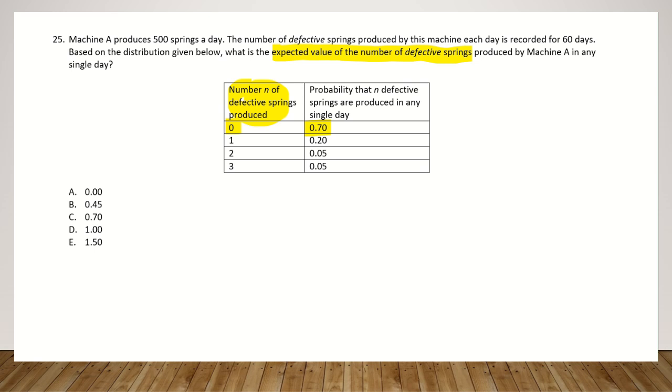Okay, so remember, it's the sum of the products. So we take our first value and times it by its probability and add it. Next value, keep doing that. Times it by its probability and add it.